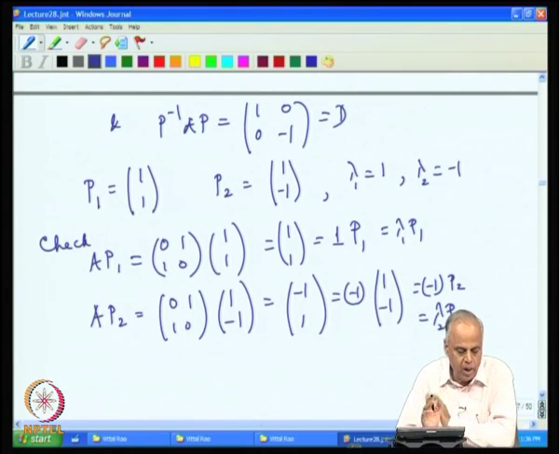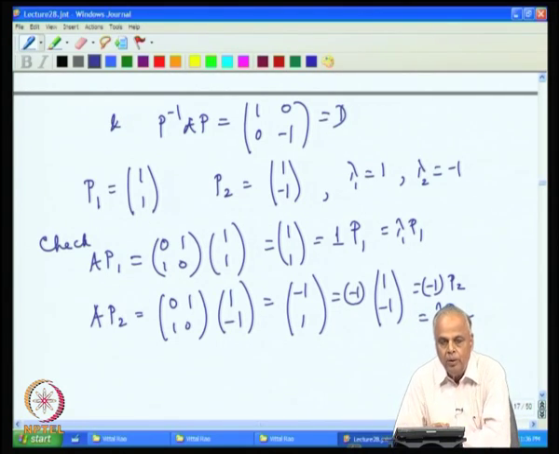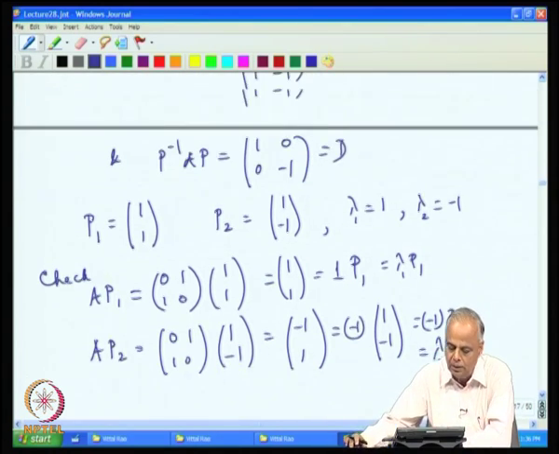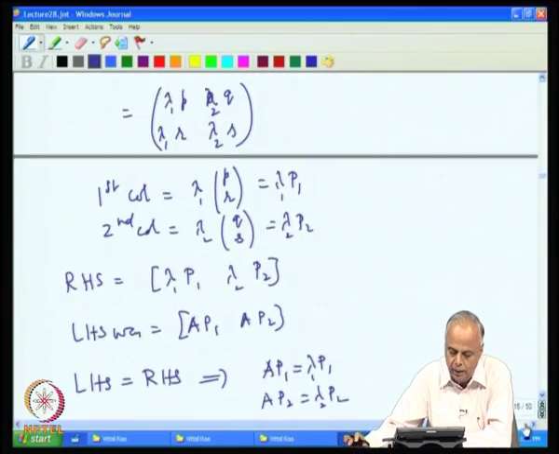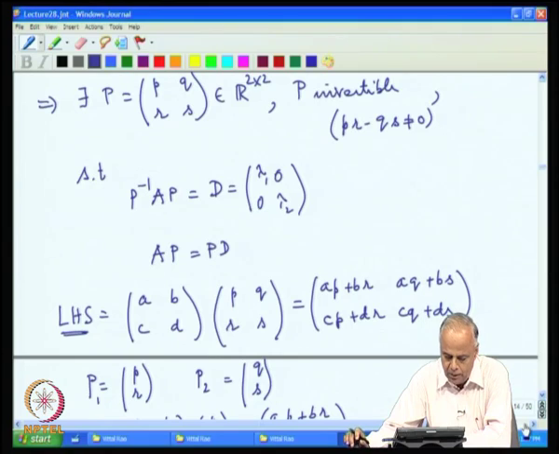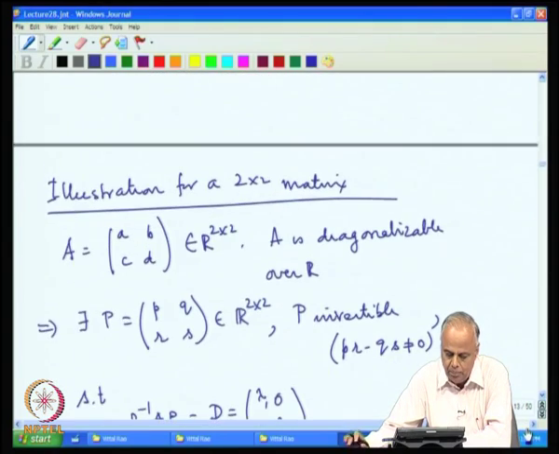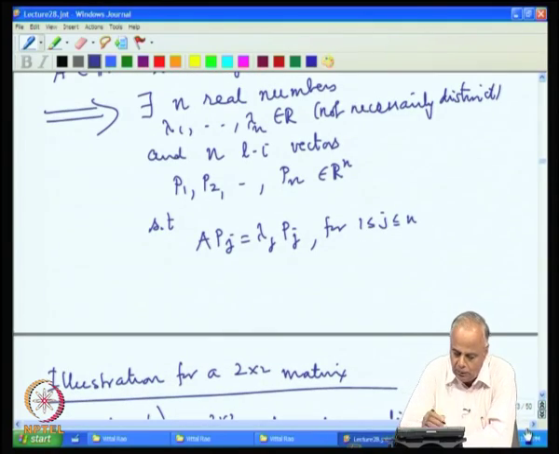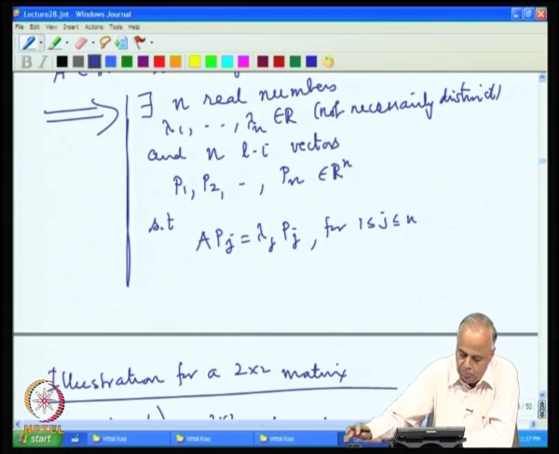So, whenever you have diagonalizability, you are assured of these n numbers lambda 1, lambda 2, lambda n and the n linearly independent vectors P1, P2, P3 such that this APJ is equal to lambda J PJ. So, this is the important thing.